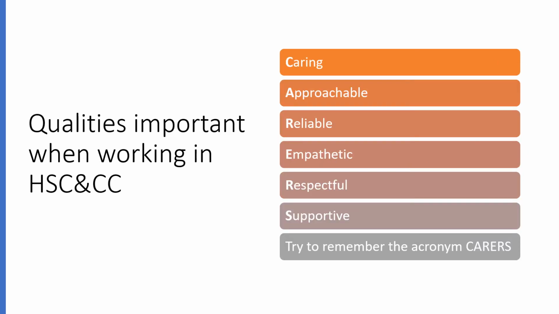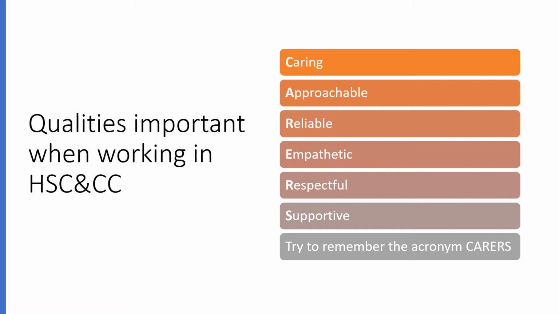To provide care that is high quality, it's important that all care professionals are consistent in their approach to working with service users. So here are some qualities that are important when working in health and social care and childcare. Number 1, you should be caring, approachable, so people should be able to come to you should they have a problem or a query.